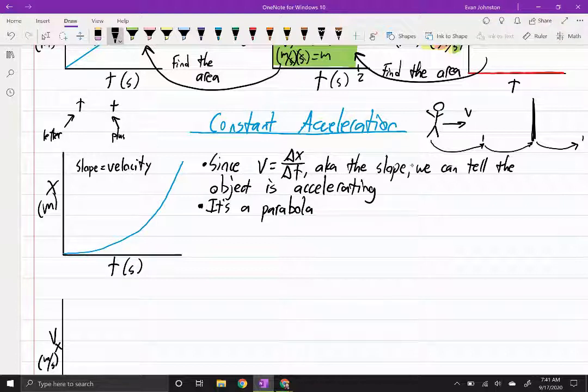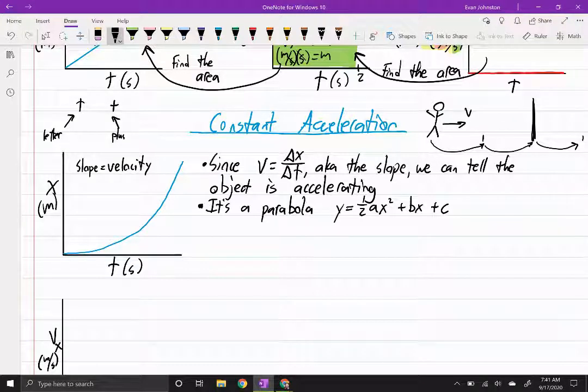Okay, and so your math teacher would say a parabola has the format of y equals 1/2 ax squared plus bx plus c. It's like a quadratic. Now here's the thing though, and this is where it's going to get a little weird and confusing.